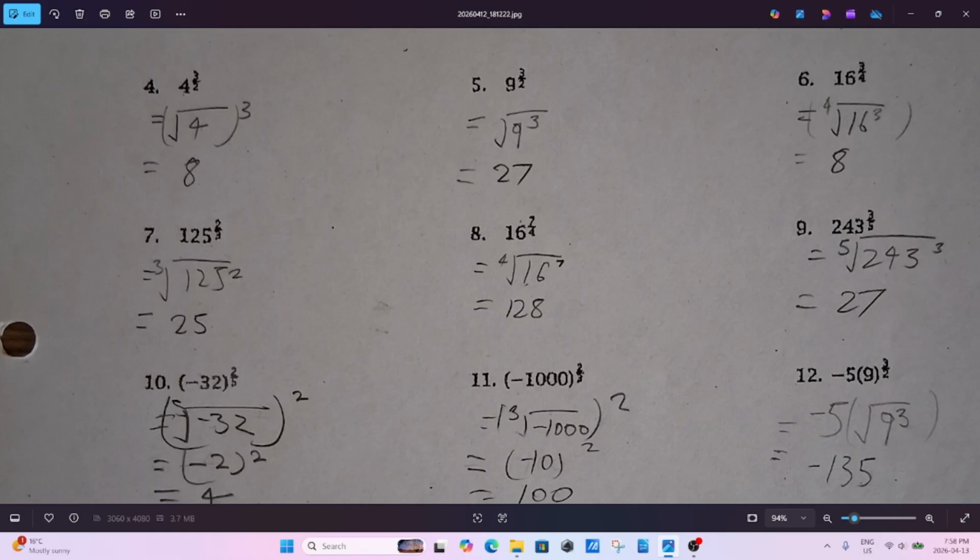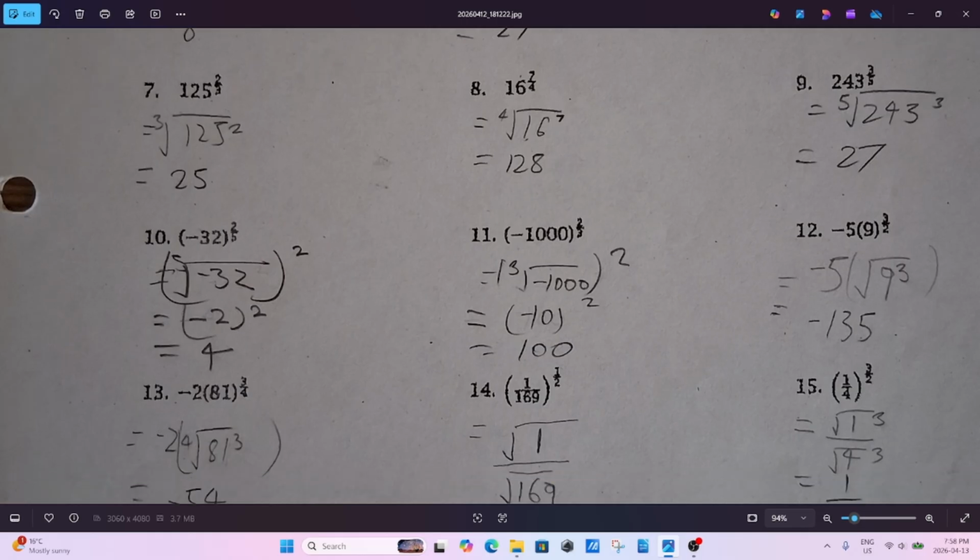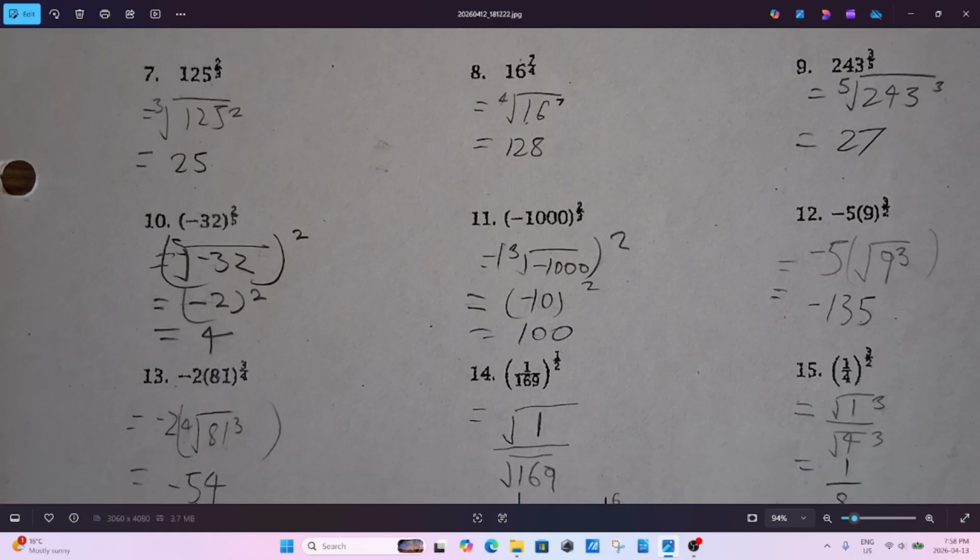So you get 2 cubed, and then 2 times itself 3 times. 2 times 2 times 2 is just 8. 7, 125 to the 2 over 3 is a third root of 125 squared. So you say one number times itself 3 times is 125. And that will be 5 times 5 times 5 is 125. And then 5 squared is 25, so you get 25.